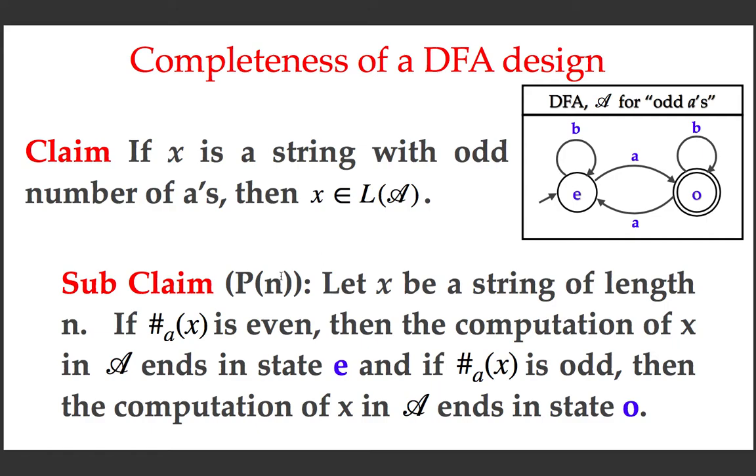It's a predicate on n. Let x be a string of length n. The predicate is: if the number of a's in x is even, then the processing will terminate in E, and if the number of a's in x is odd, the processing of x will terminate in O.